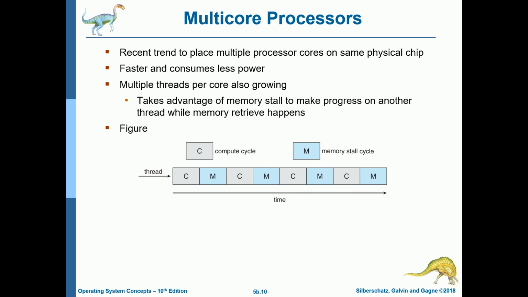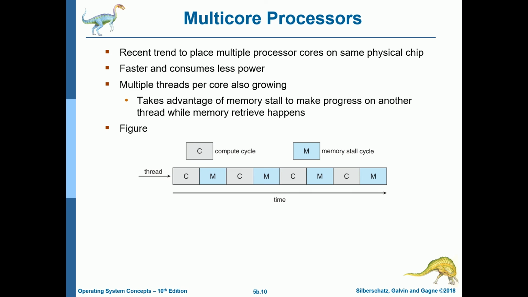Each core maintains its architectural state and thus appears to the operating system to be a separate logical CPU. SMP systems that use multi-core processors are faster and consume less power than systems in which each CPU has its own physical chip. Now, this introduces problems that might complicate multi-core processor scheduling.